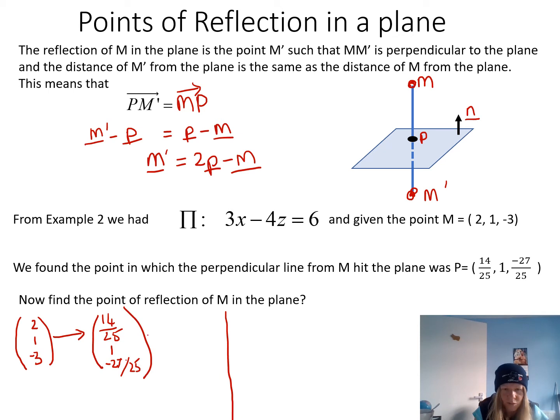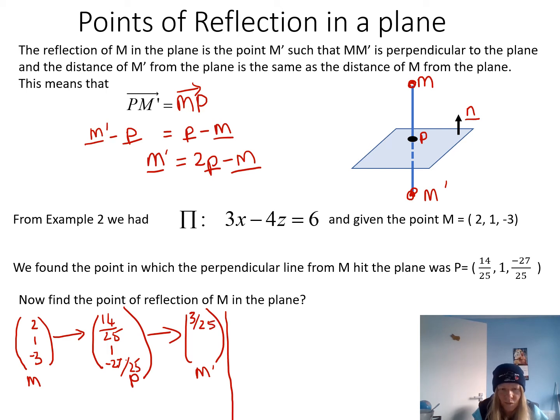So what we do to get to there, we do again to get to M dash. So there's your M, P, M dash. So you can just see what happened. What do you do to 2 to get 14 over 25? We've taken away 11 over 25, haven't we? So we need to take away another 11 over 25, and you'd be left with 3 over 25.